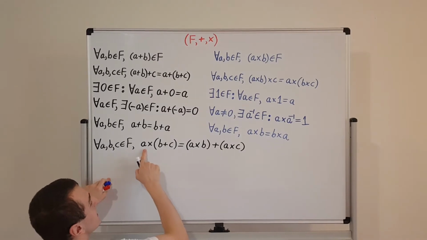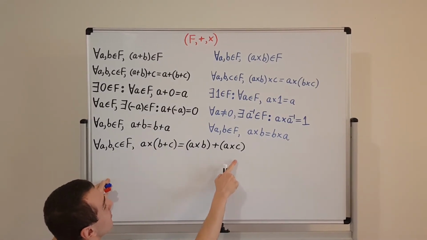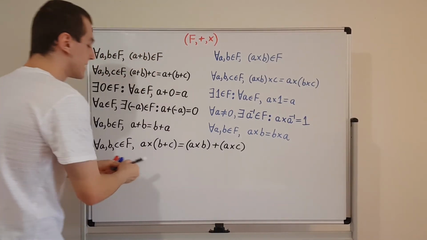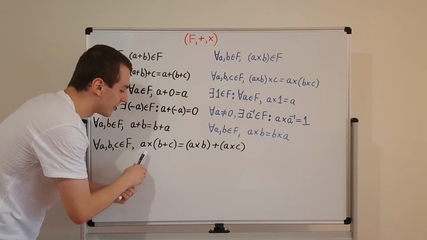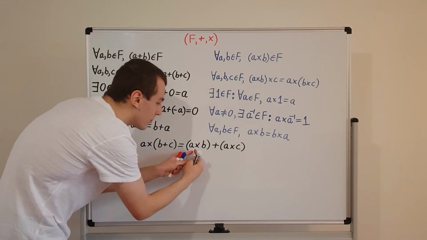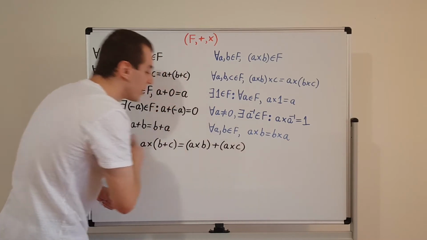So all I've done here is distributed this A. Multiplication is distributed over this addition. So what is this side telling me? It's telling me that if I take the sum and then multiply by A, that's the same as multiplying by A individually and then taking the sum. That is the property of distributivity.